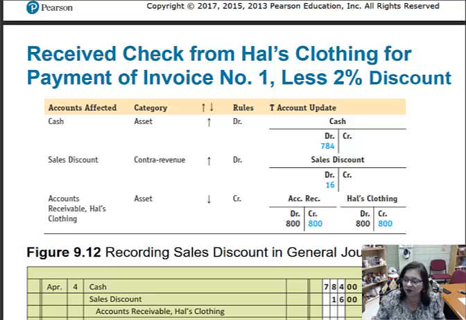So instead of paying you the $800, he's only paying you $784, and the sales discount records where the discount went, showing why you only got $784, and you're crediting his account because he paid early. You said, hey, I'll give you a discount if you pay me in 10 days. Better to have the $784 now than not have the $800 later on. And of course, he said, sure, let's do it.